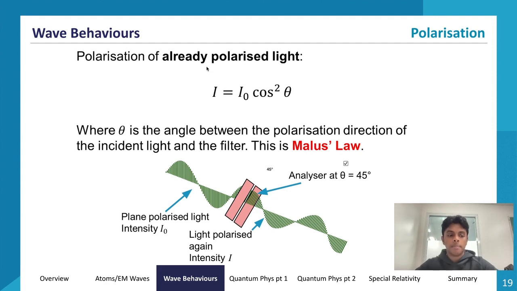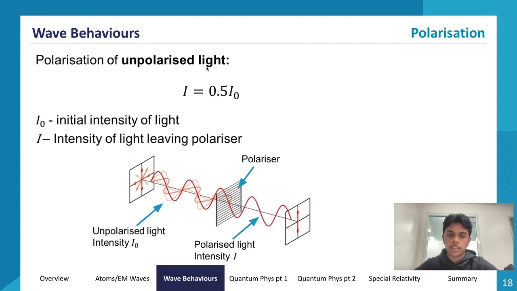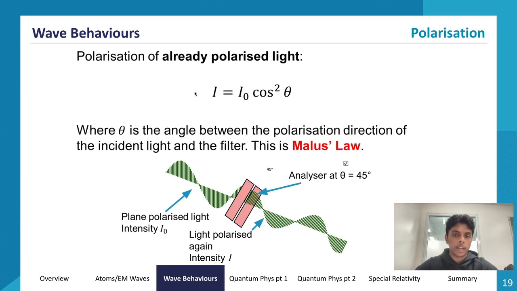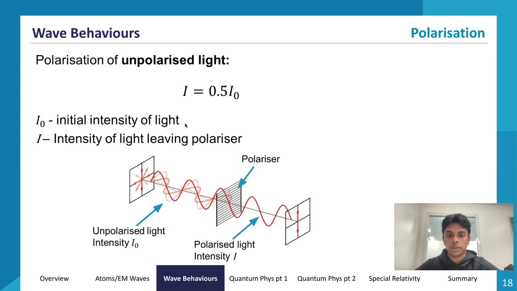A big place where a lot of students make mistakes is forgetting to identify whether the polarization question is about the polarization of unpolarized light or the polarization of already polarized light. So it's very important to read the question carefully to identify whether the light entering the filter is already polarized or unpolarized.